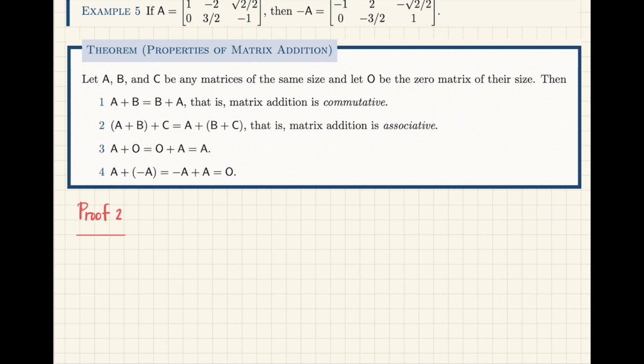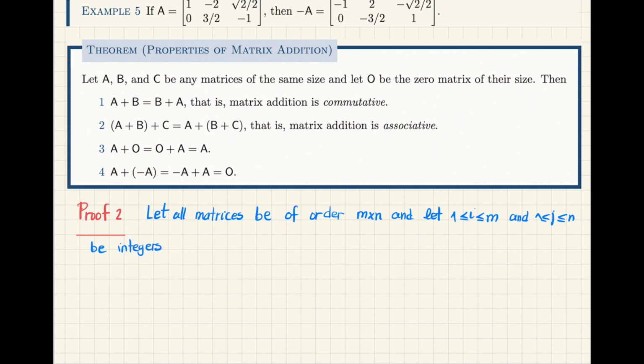For definiteness of discussion, let all matrices be of order, say, m by n, and let i between 1 and m, and j between 1 and n be integers, or of course natural numbers.